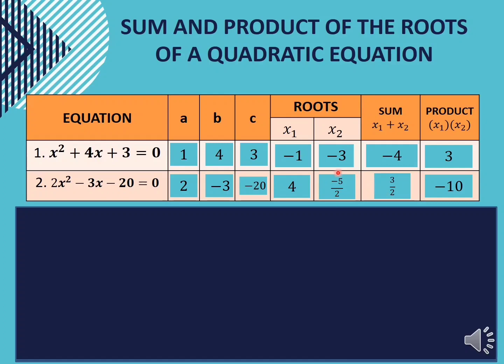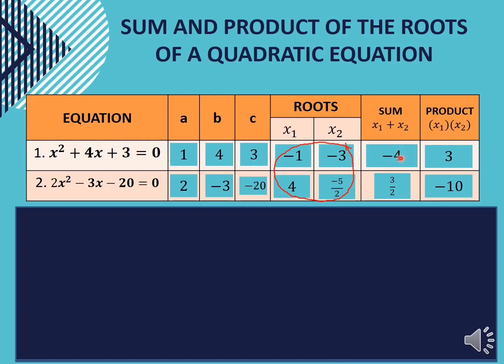So, ibig sabihin, kahit hindi natin nakikita ang ating roots, basta't alam natin ang values ni A, B, and C, we can actually find the sum and product of the roots. How? Please observe the pattern.